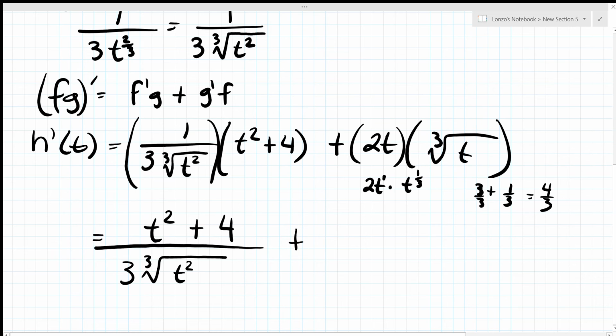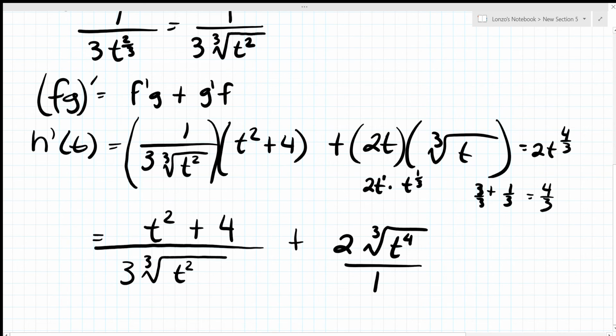So this is going to be 2t to the 4/3 power. Now let's rewrite that in radical form. In radical form, it would be 2 times the cube root of t to the 4th power. Good.